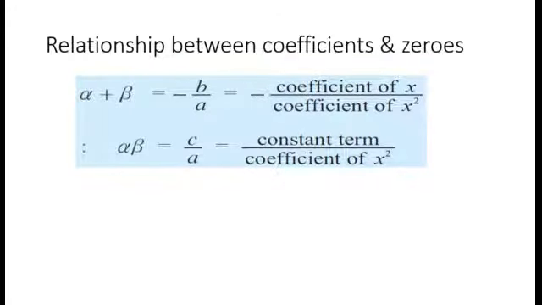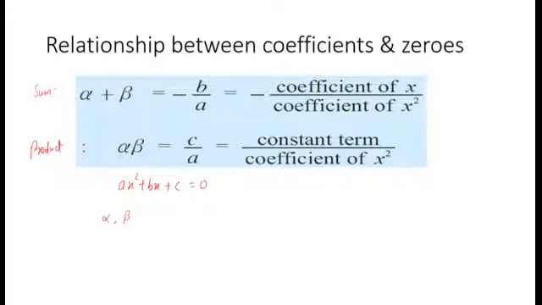Here we will find out the relationship between the coefficients of that standard form and the zeros. So if I write ax squared plus bx plus c, this is the quadratic equation. And if I say that alpha and beta are the two zeros of this quadratic equation, then directly I can find the sum of these zeros, also the product of the zeros.